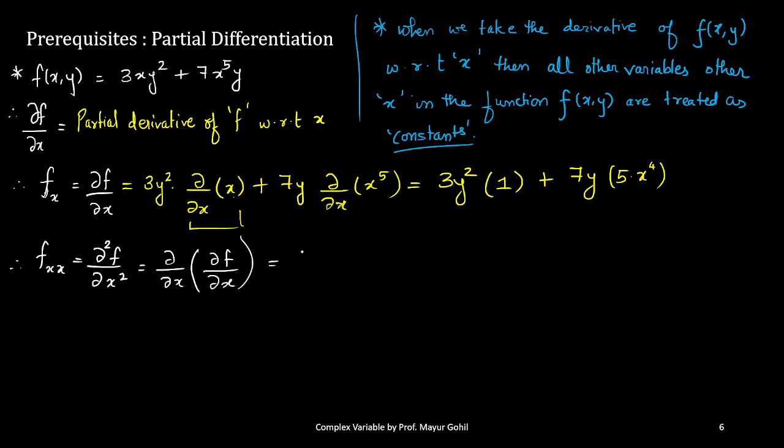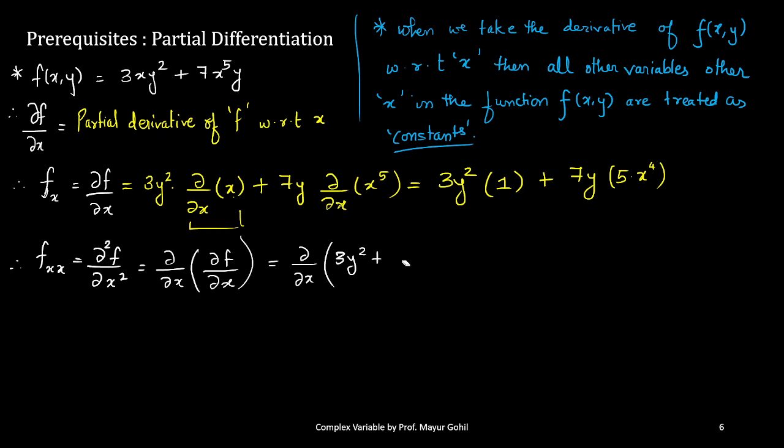So ∂/∂x, here it is the operator. Now ∂/∂x of ∂f/∂x is what we have to see. So the answer that we got was 3y² plus 7 into 5 will give me 35, right?